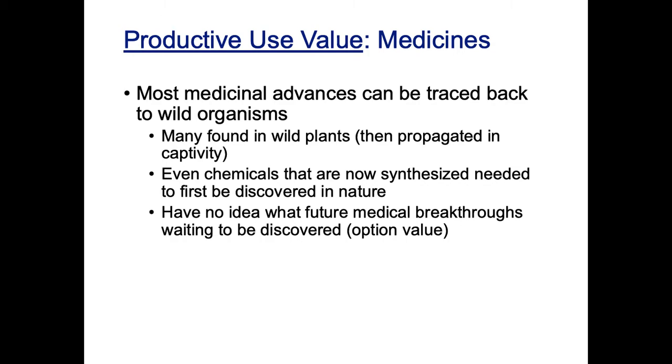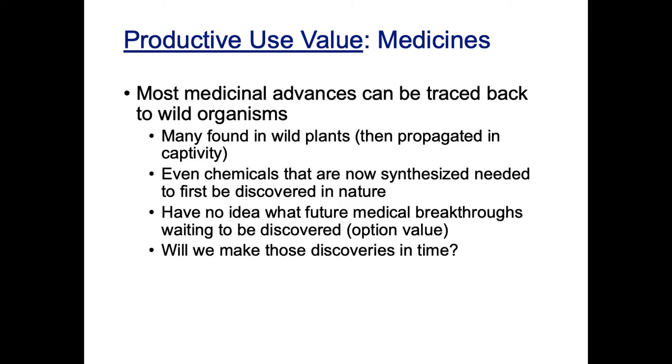And so this is one reason a lot of people promote conserving, especially tropical rainforests, because there's so much biodiversity in a tropical rainforest that there could be all kinds of medical breakthroughs in every acre of rainforest because there are just so many species there.